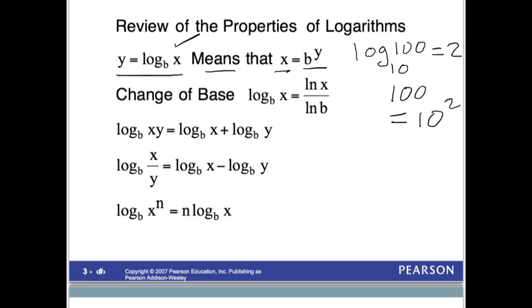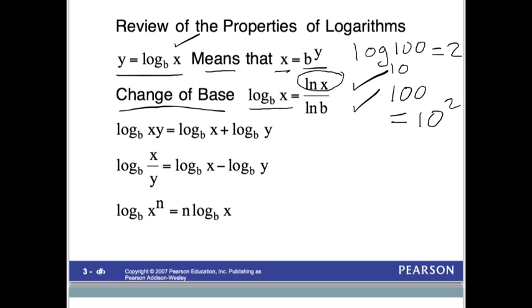Now, there's another important formula that tells you how to easily calculate the log of x to any base if you only have available to you the ln function. It says the log of x to any base b is simply ln of x divided by ln of b, the base you want to take the logarithm with respect to.